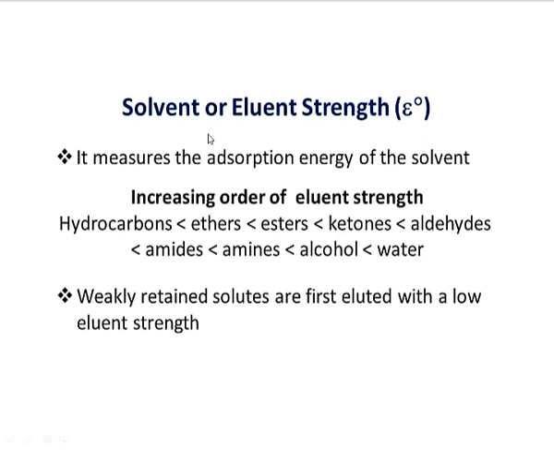Now, as far as solvent or elution strength is concerned, we have already seen how eluent strength has a role to play as far as chromatographic elution or separation is concerned. What is the significance of eluent strength? That we will need to see.